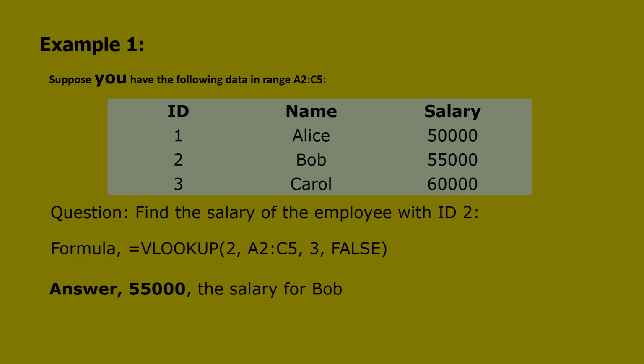We need to search for the salary in the salary column and we need to find the exact value, therefore we put false. Now you will get the answer: 55,000, the salary of Bob.